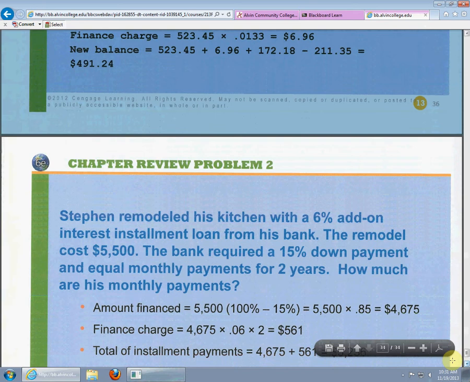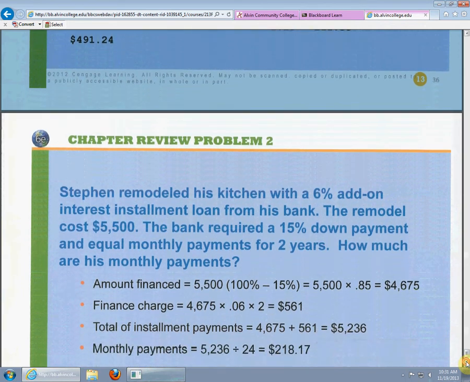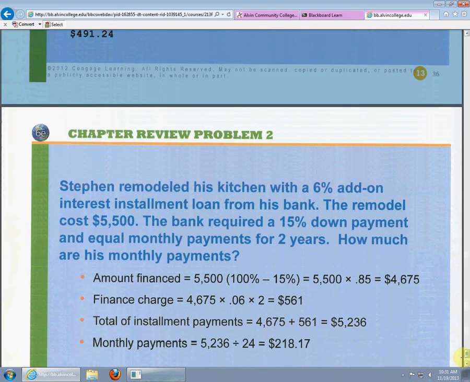So we take the 4,675 and add the interest on, 561. So this is the total amount of our installment payments. And then our final step is to take those total installment payments and divide it by the number of installment payments we need to make, 24, for $218.17 is our monthly amount.